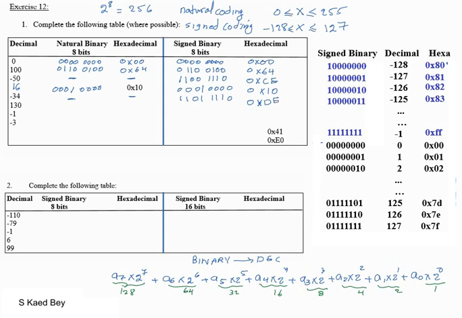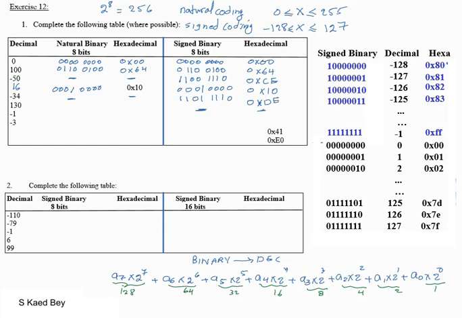We need more than 8 bits in order to represent the 130 in a signed coding. However, 130 is well within the natural coding range, so we can normally convert the 130 to binary and hexadecimal accordingly.